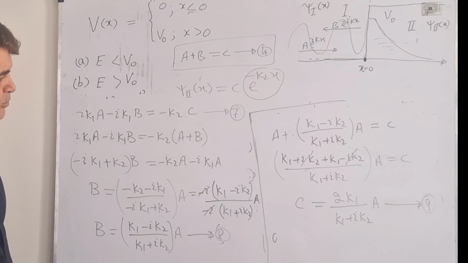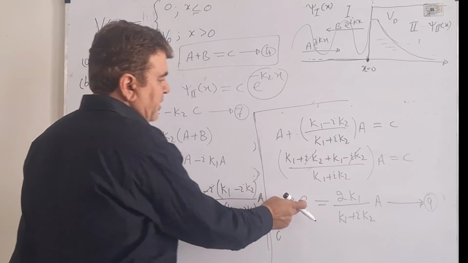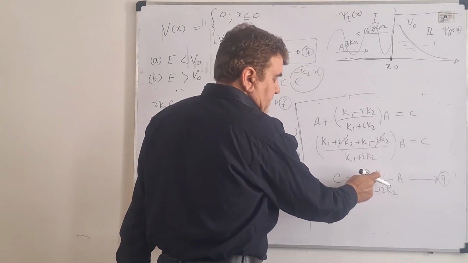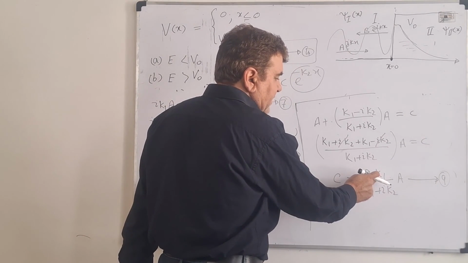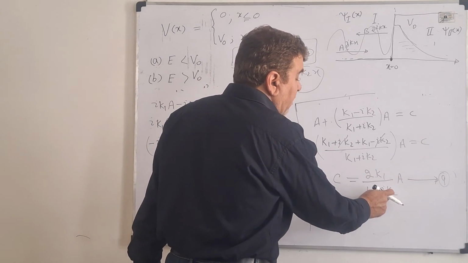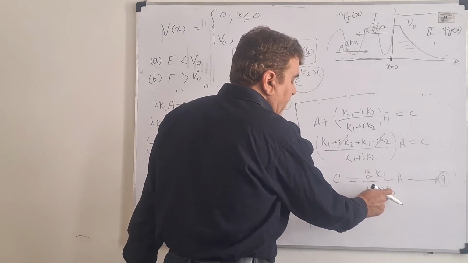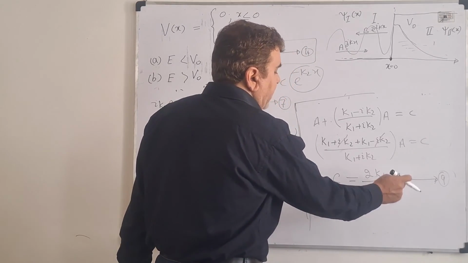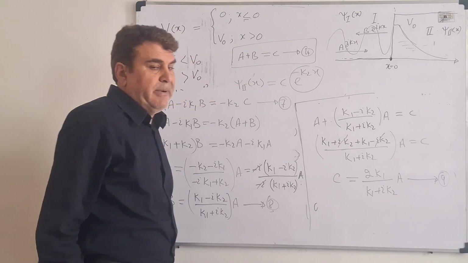So the mathematical portion of the problem has been completed, because we know the probability amplitude c in terms of the energies. k1 is the characteristic of particles that contain energy and mass. k2 is the characteristic of the particle in the potential, because k2 contains V naught, the mass of the particle, and the energy of the incident particle.